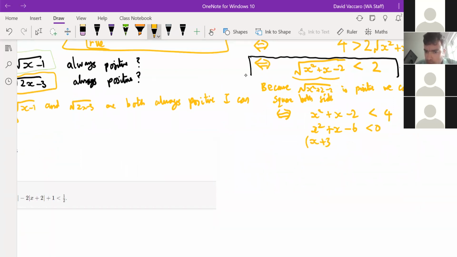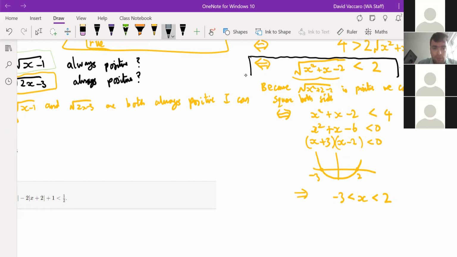And we know how to deal with quadratic inequalities. We factorize, and we get roots at 2 and -3. And because it's a positive quadratic, we're between the roots. So we get -3 is less than x is less than 2. Is this the final answer?